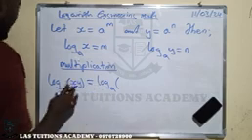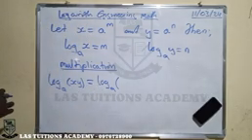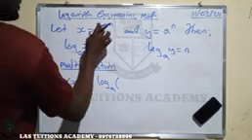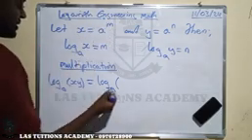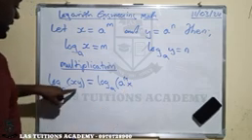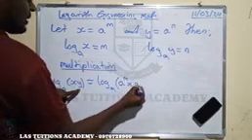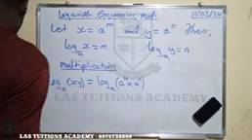What is our x here? It's a to the power m, right? We are just replacing x and y. The y is a to the power n.